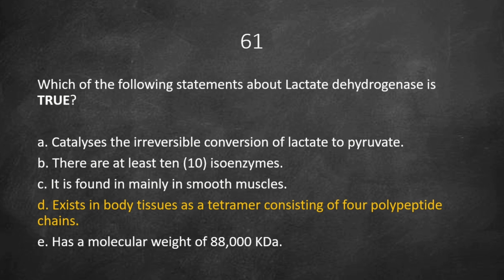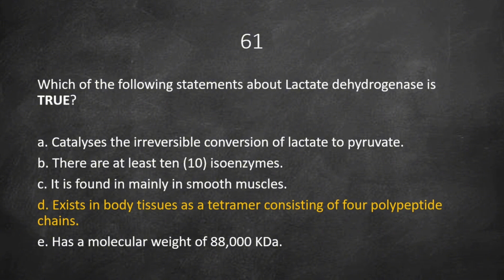C, it is found mainly in smooth muscles. Then option D exists in body tissues as a tetramer consisting of 4 polypeptide chains. And then E has a molecular weight of 88,000 kilodaltons.